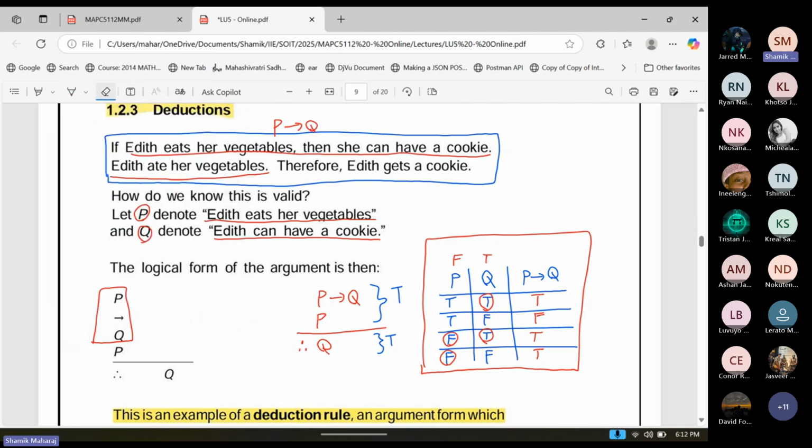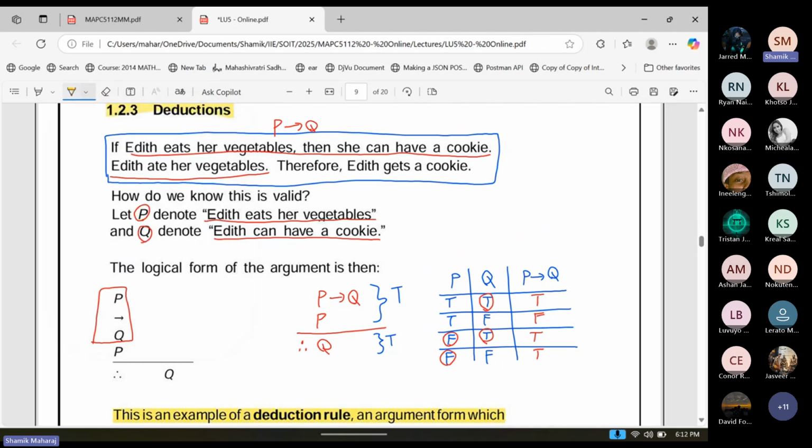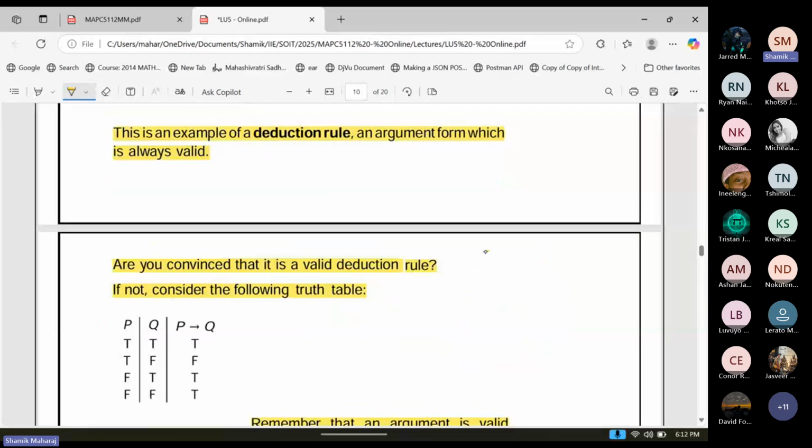Let's identify them. For the premises, let's make a yellow color for that. This is the first premise, the other one is P. So these are the two premises. Q is the conclusion, so let's call that C.